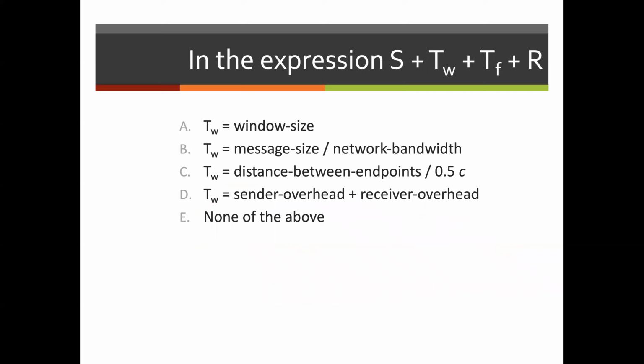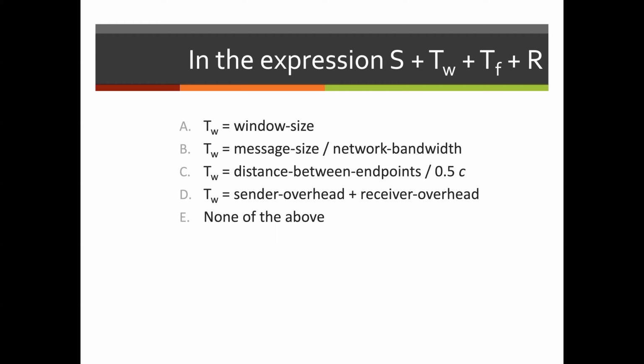And so in the expression S plus T sub W plus T sub F plus R, what is our appropriate value that we want to consider for T sub W? Is it equal to window size?